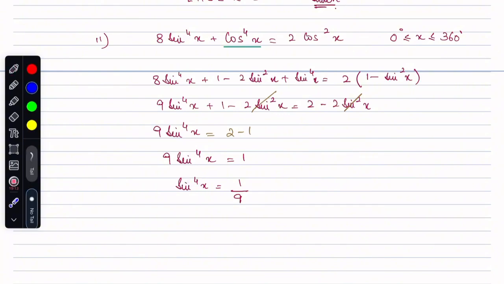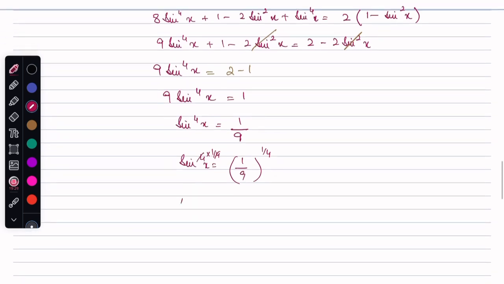So to solve the power, I will be taking the fourth root of 1 by 9. So doing that, this 4 gets eliminated again, and here you can see that I am left with sin x, which is equal to (1/9) to the power 1/4.